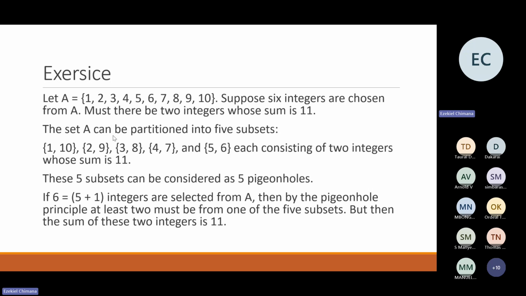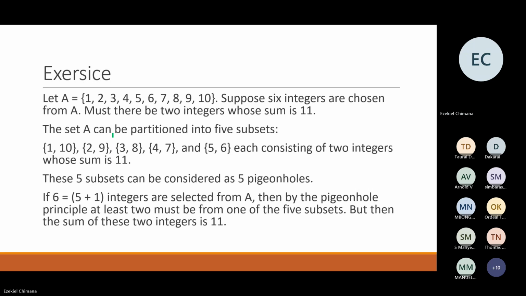Okay, thank you. Anyway, this is the exercise which says let A be the set with elements 1, 2, 3, 4, 5, 6, 7, 8, 9, 10. And suppose 6 integers are chosen from A. Must there be 2 integers whose sum is 11? So you are saying from this set, there must be 2 integers whose sum is 11.